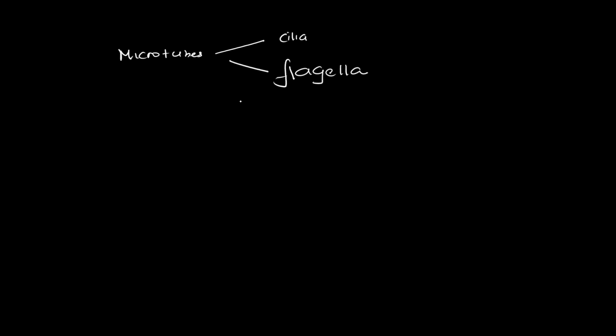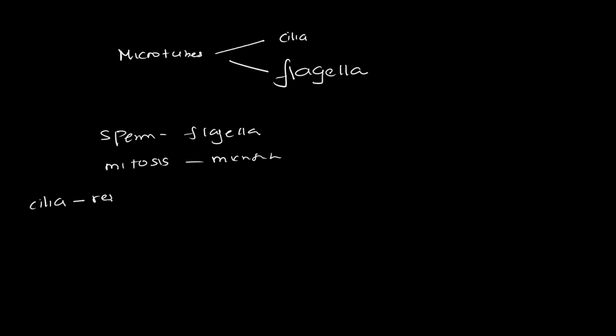Now, where are the cilia and the flagella found? If you can remember, the sperm has a flagellum. Microtubules are important in mitosis, as I said previously. Whereas you would see the presence of cilia in the respiratory tract, in the vas deferens, as well as the fallopian tube.